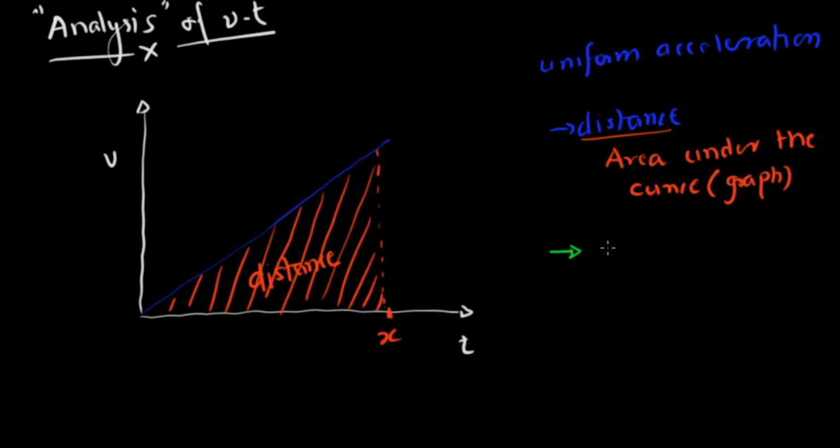Now there is acceleration. I am just postponing the discussion of velocity for a while. Acceleration can be calculated from the VD graph if we are able to calculate the gradient of the line. So if someone asks what the acceleration is in this situation, I'll calculate the gradient of this particular line, the blue line.